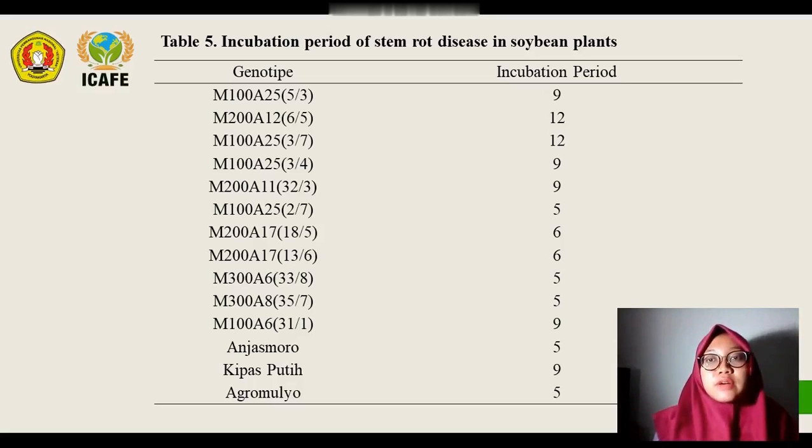In Table 5, about the incubation period of stem rot disease in soybean plants, the incubation period of several soybean varieties is different.